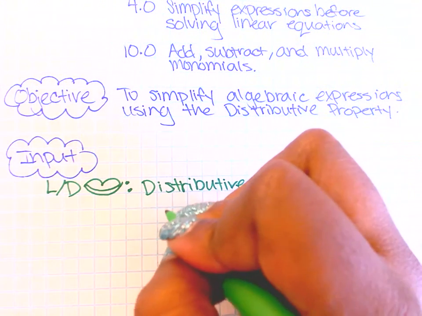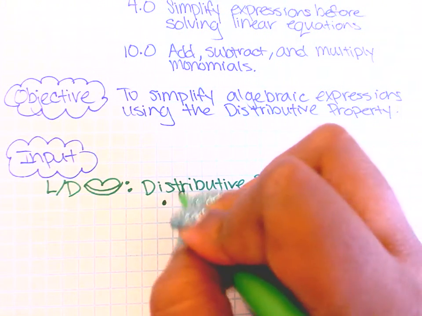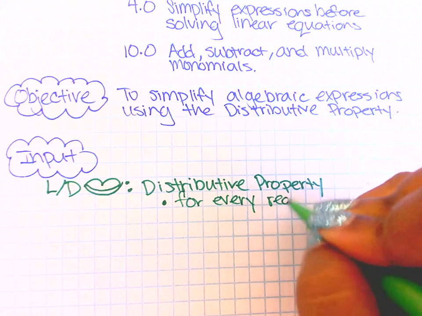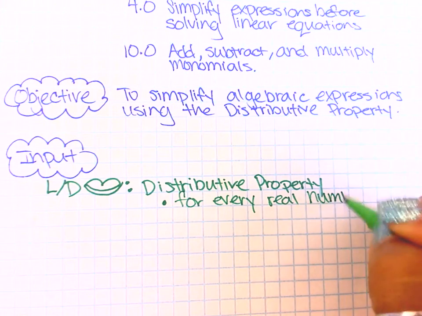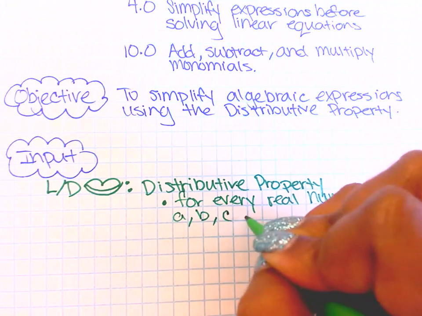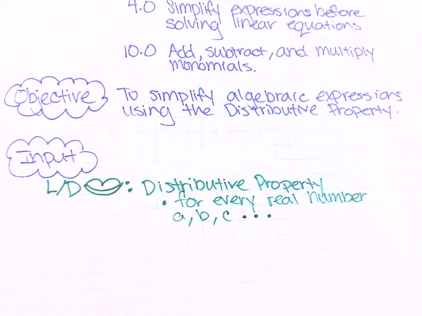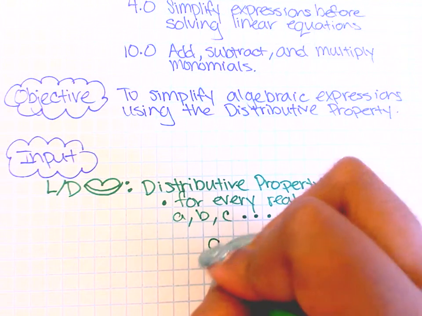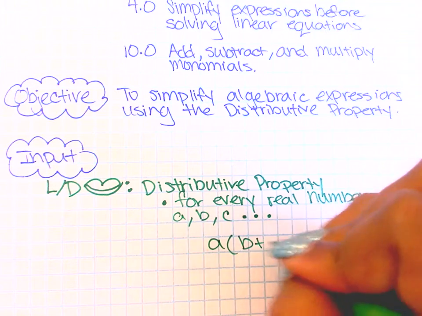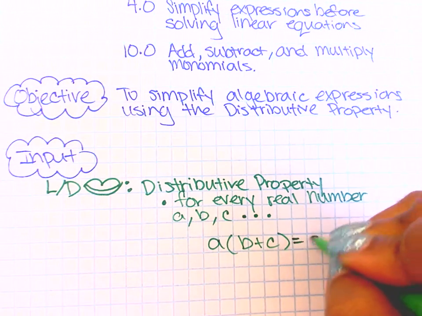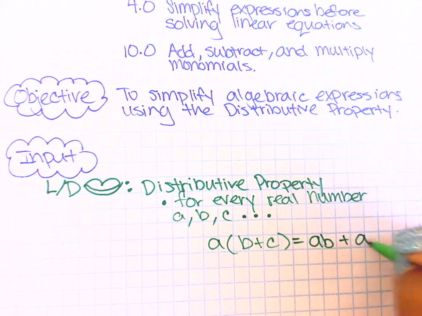What does that mean? That means for every real number A, B, C, etc., A multiplied by B plus C is going to give us AB plus AC.